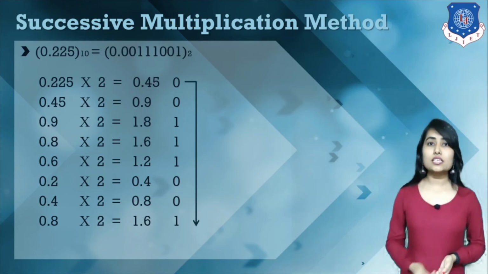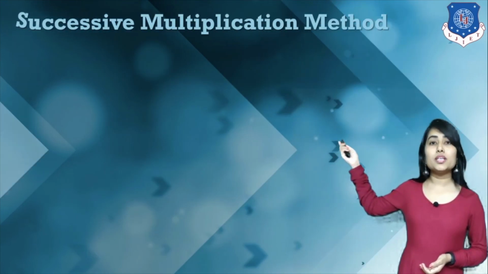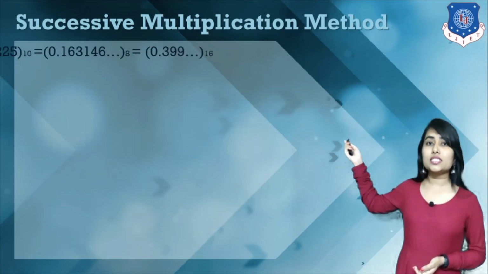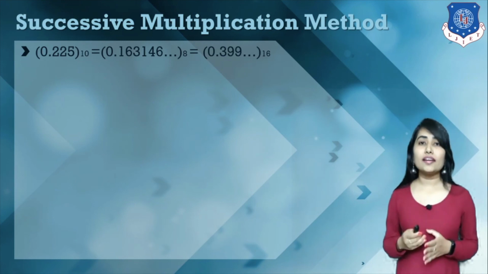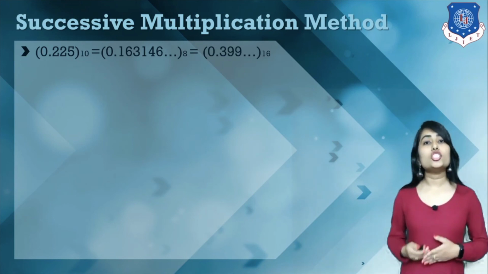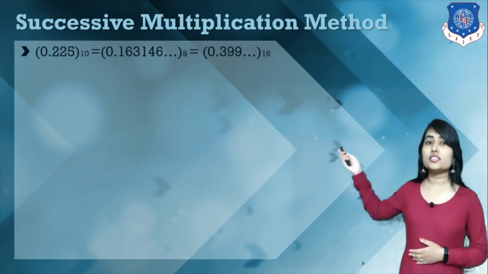Now let's discuss how we can convert this decimal number into the octal number system. We have the decimal number 0.225, and this number can be converted into octal by multiplying it with 8.